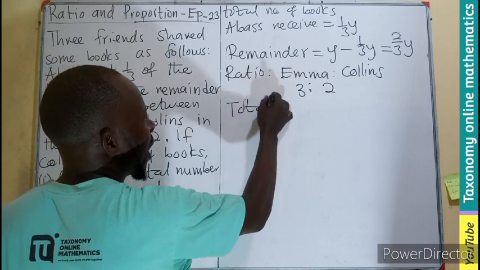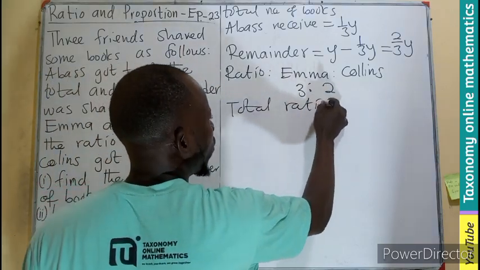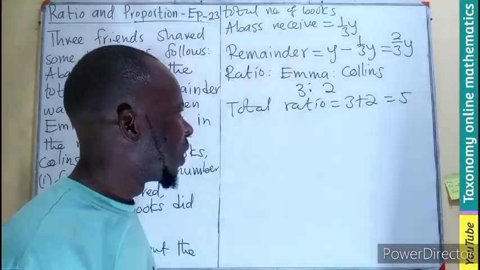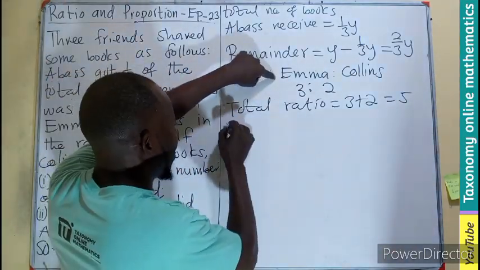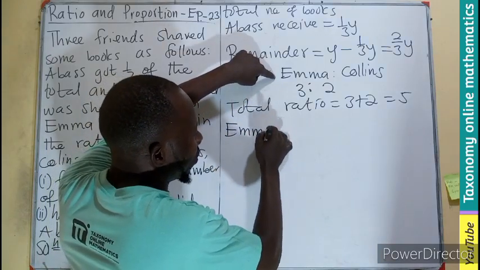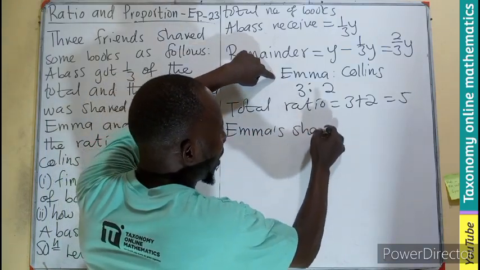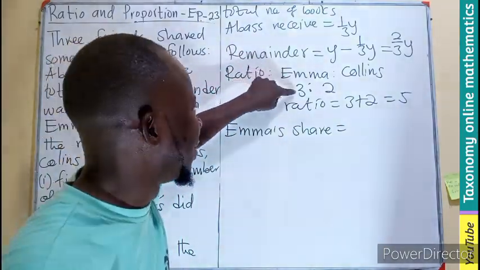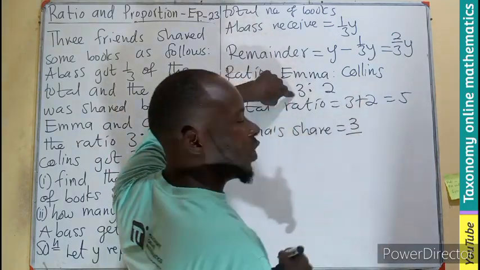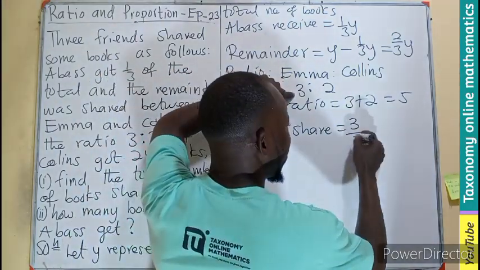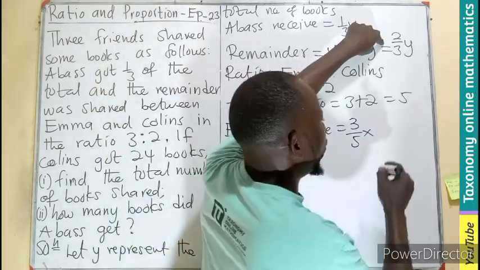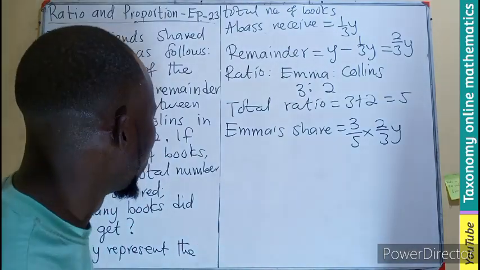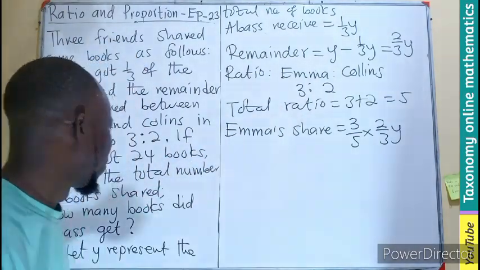Our total ratio is going to be 3 plus 2, which is 5. Let's take the first person. Iman's share: the ratio corresponding to Iman is 3, the total ratio is 5, times what they are to share, which is 2/3 of y.